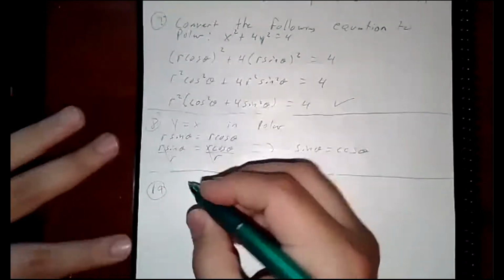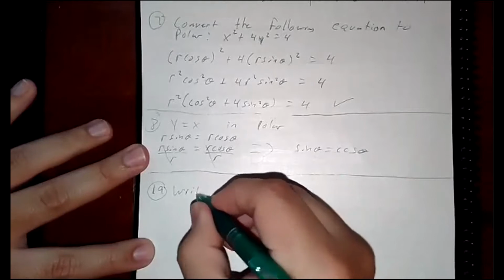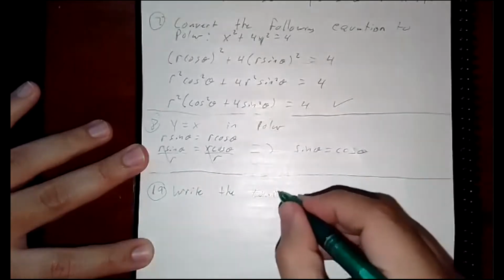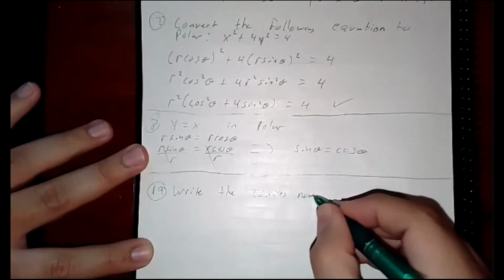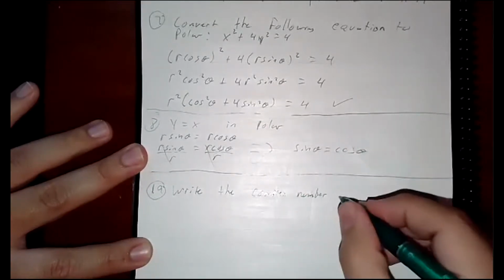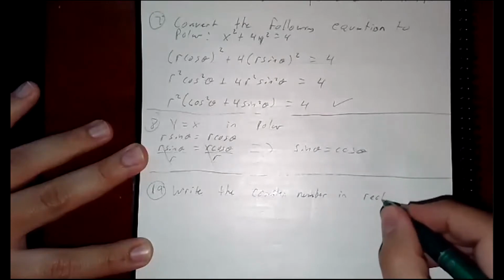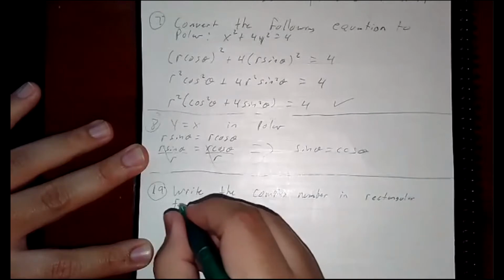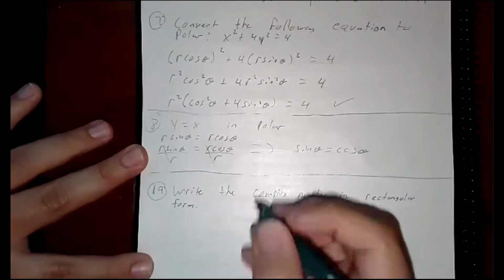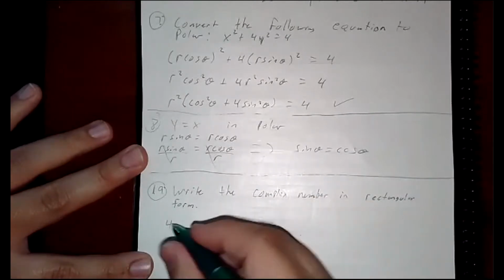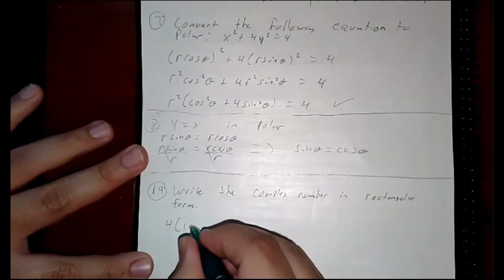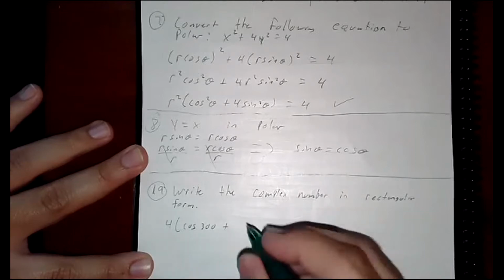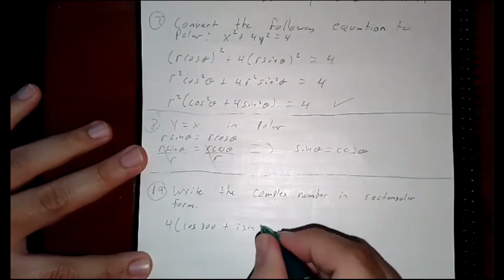So write the complex number in rectangular form for 4 times cosine of 300 plus I sine of 300.